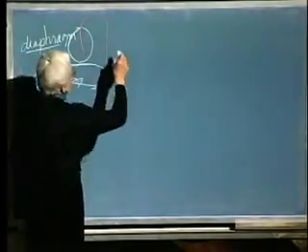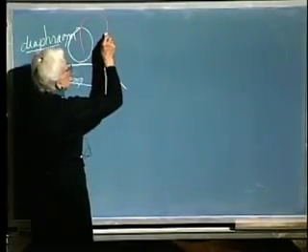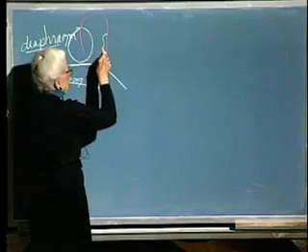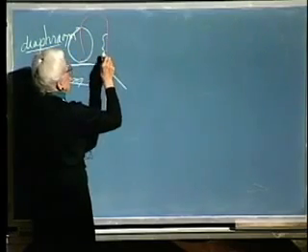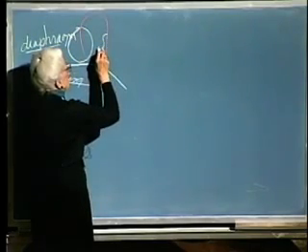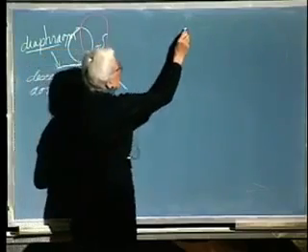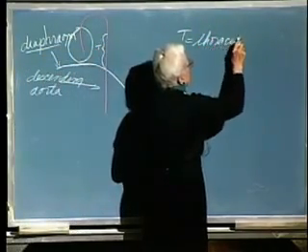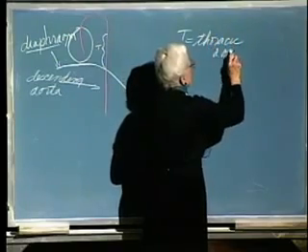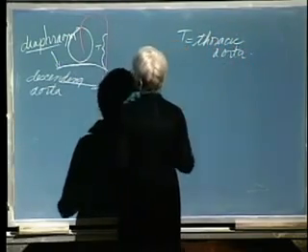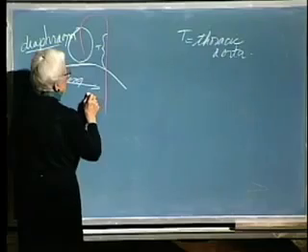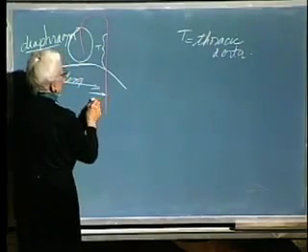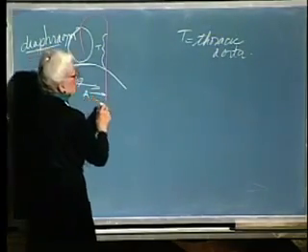So this will give us the thoracic aorta here. And inferior to the diaphragm, we'll have the abdominal aorta.